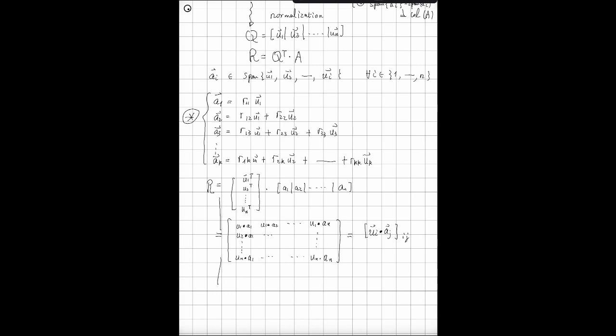Obviously you see U1 dot product A1 is R11, U2 dot product A1 is 0, U1 dot product with A2 is R12, U2 dot product with A2 is R22, and then 0 everywhere.